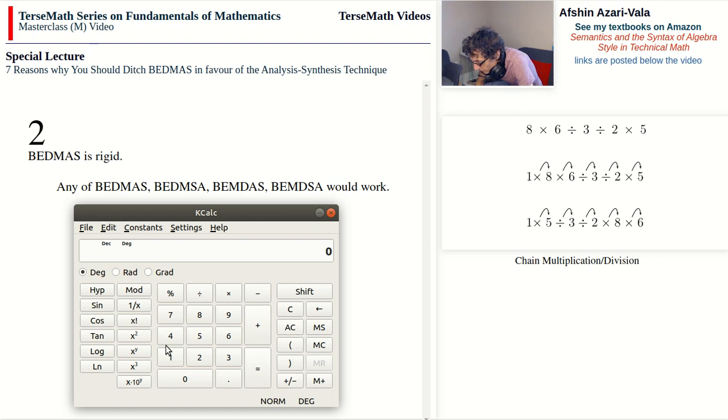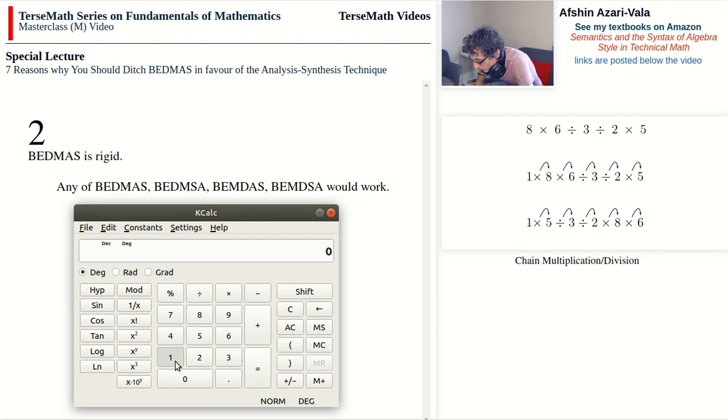This sequence, that's 1 times 8 times 6, divide by 3, divide by 2, and then times 5. And the answer is 40. Now remember that. The second sequence down here will also evaluate to 40. Let's see.